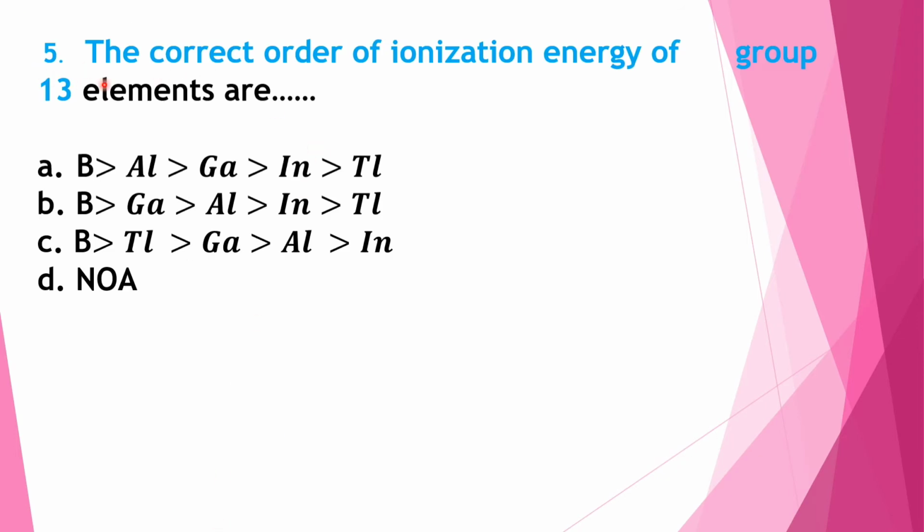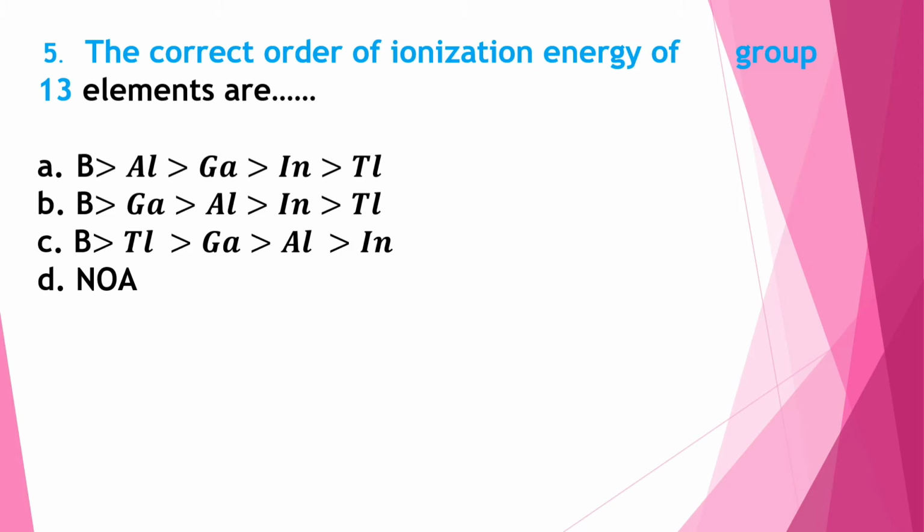Fifth question: the correct order of ionization energy of group 13 elements: boron, aluminium, gallium, indium, thallium. Options are given here.